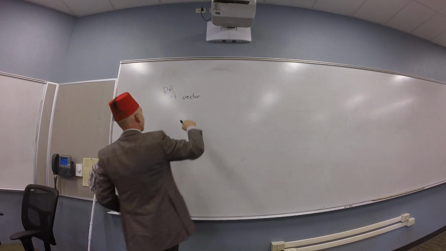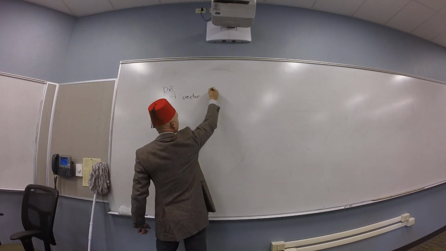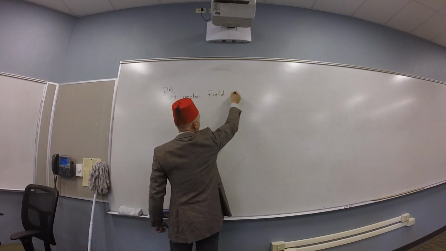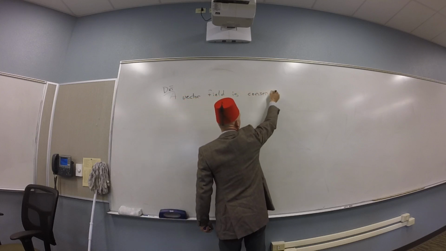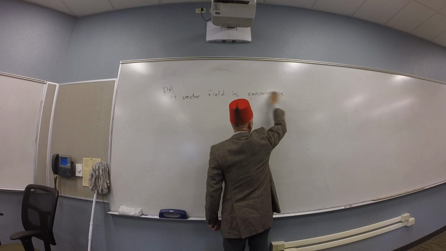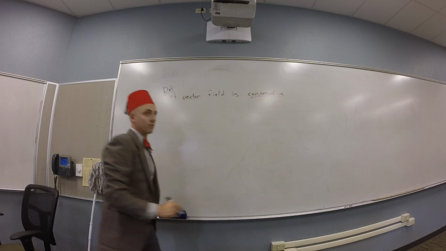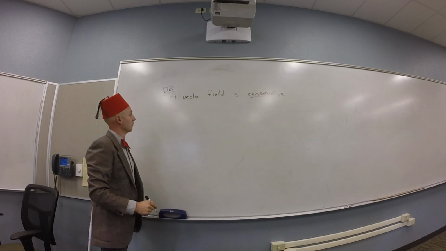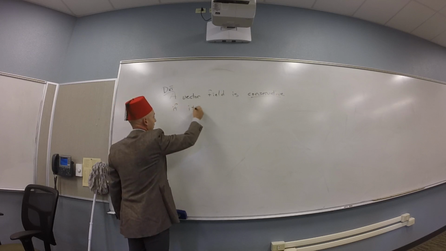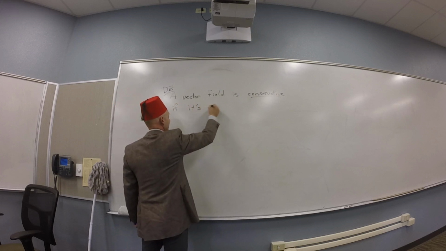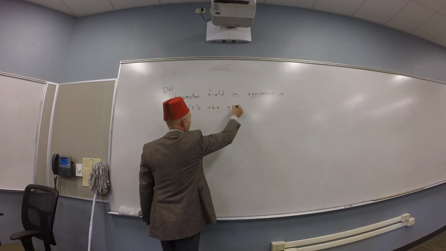All right, so here's another definition. A vector field is called conservative, right? If it's the gradient of something.